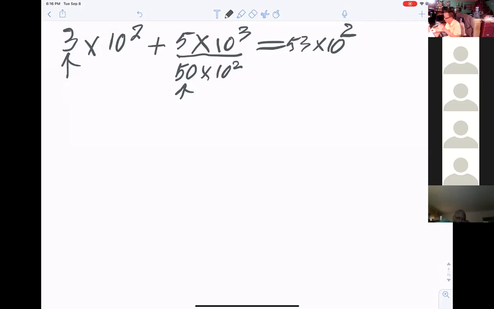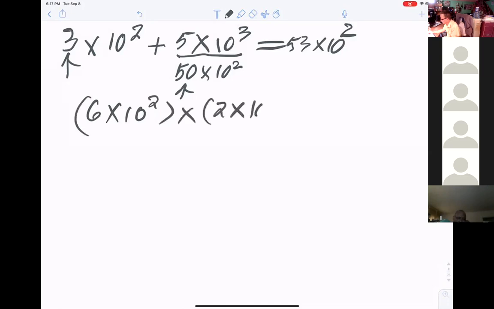And then if you get the number 6 times 10 to the power of 2, times 2 times 10 to the power of 3, how can we do? The answer is 12 times 10 to the power of 5.